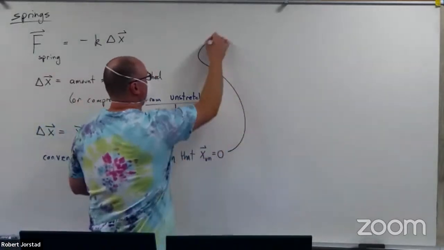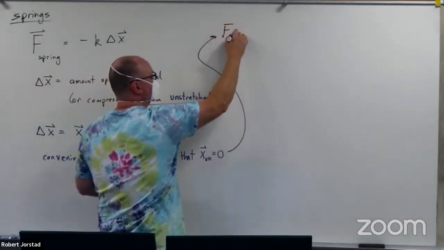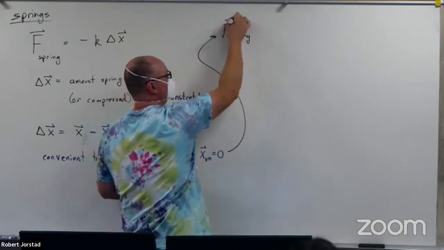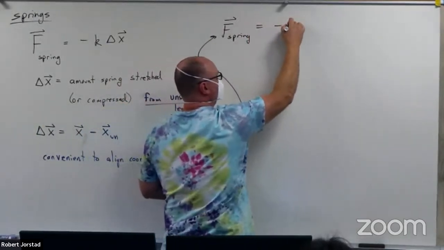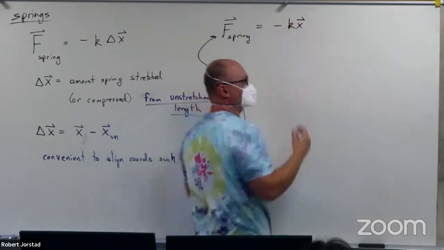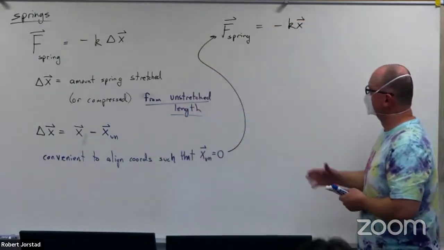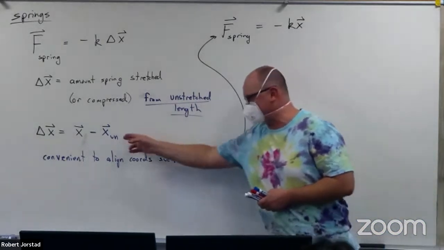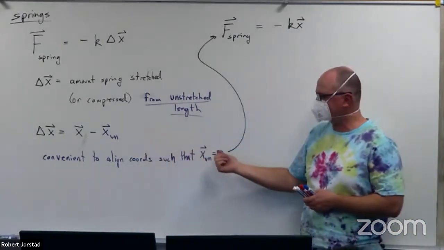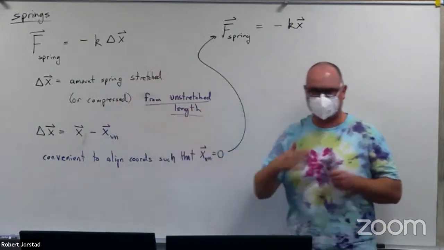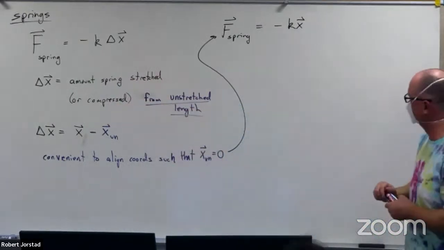If this is the case, then I'm going to draw a picture so we can think about pluses and minuses. Do you agree, though, that if I just set this x un to 0 in the coordinates, I can just change this delta x to x, and it's a lot easier for me to work with?